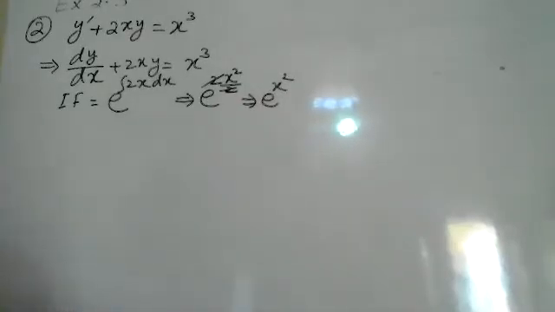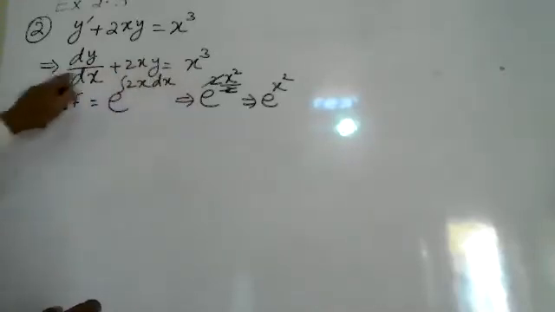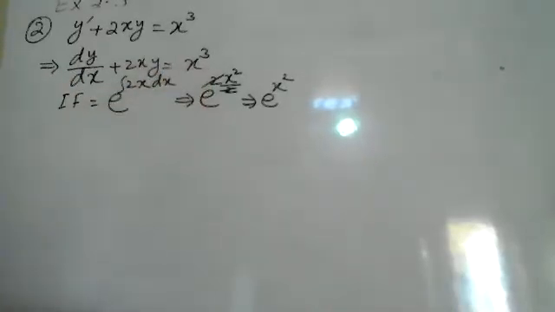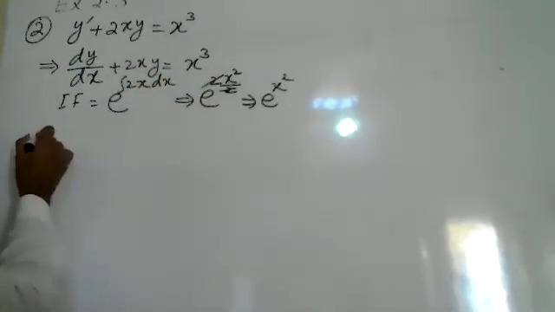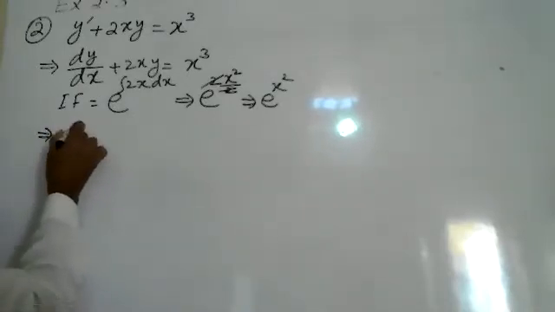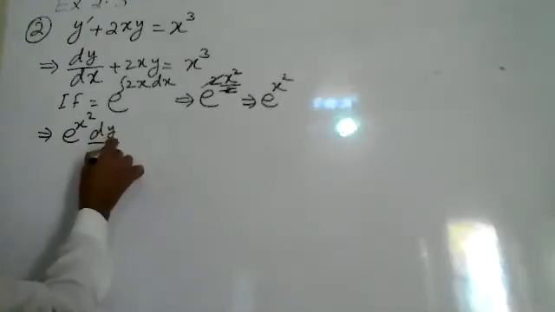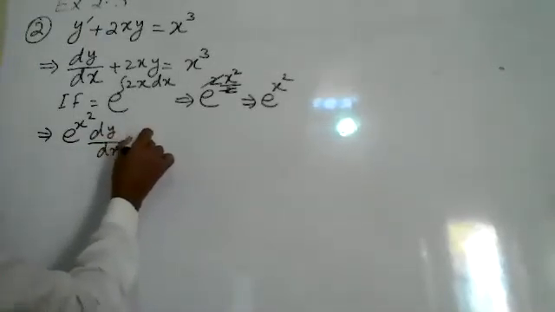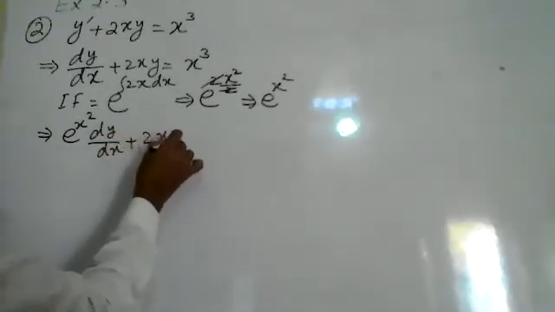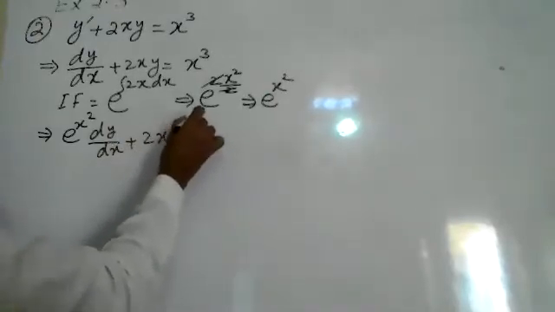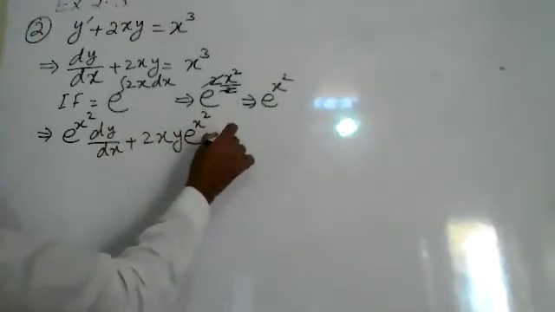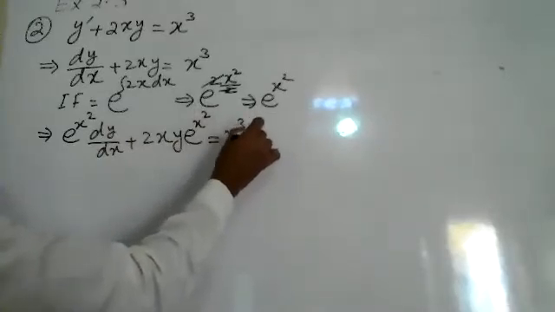We will multiply the whole equation with the integrating factor. It will become e raised to power x square dy upon dx plus 2xy e raised to power x square is equal to x cube e raised to power x square.